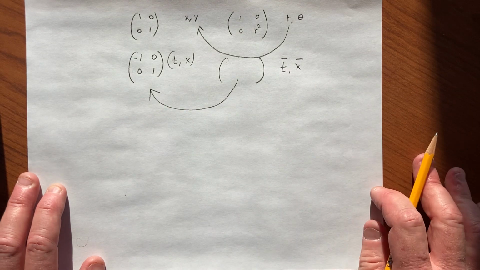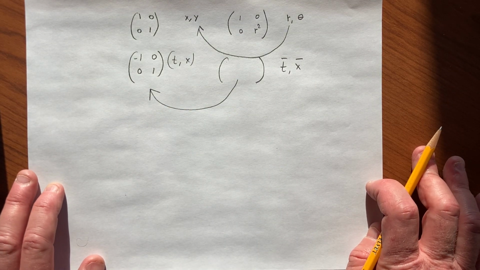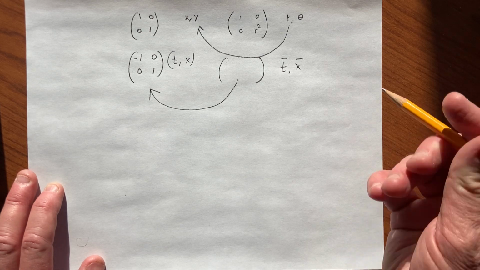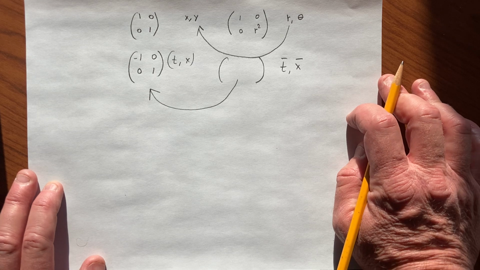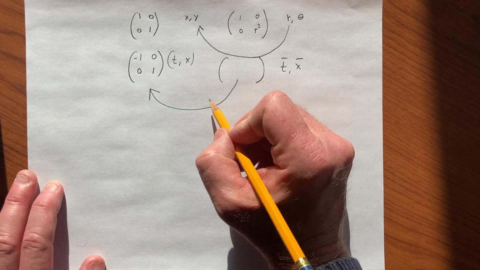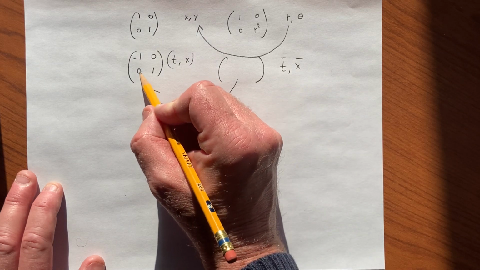And of course, if we do 3 plus 1, t, x, y, z, and we can do this in some other coordinates, then we can always transform. The idea is that we can always transform to this form.